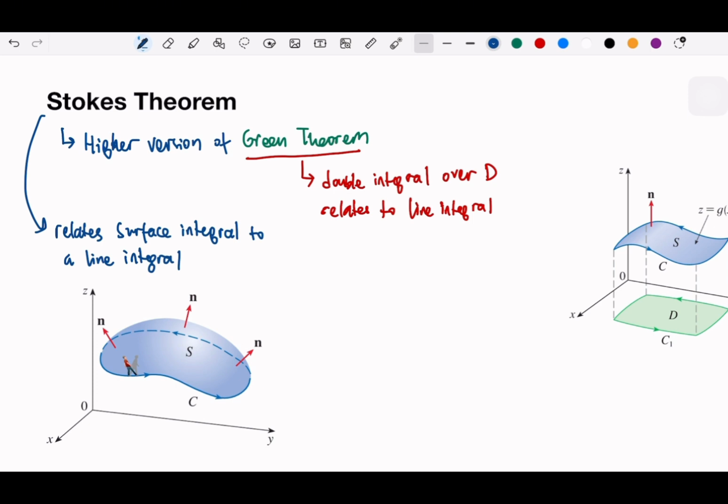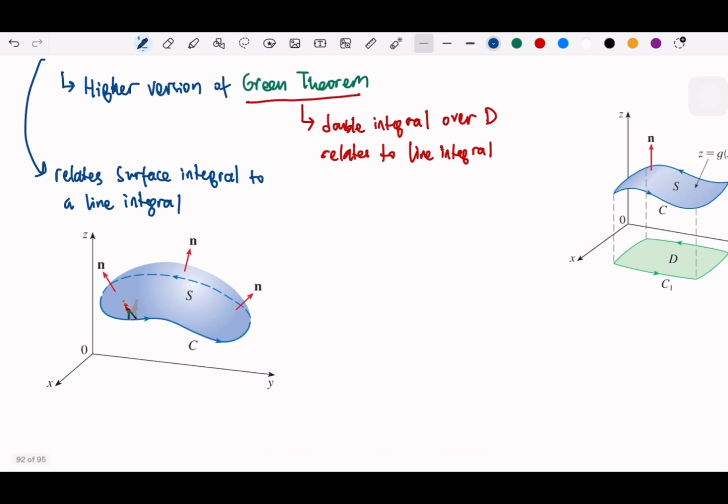The difference will be the boundary, because in Green theorem we are only projecting from the top side of the 3 dimensions, but in Stokes theorem we could imagine that you have a surface, and then you can make a boundary around the surface.